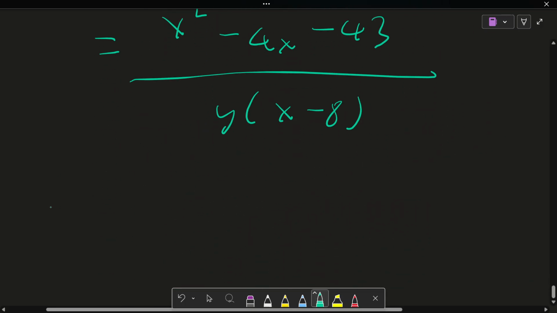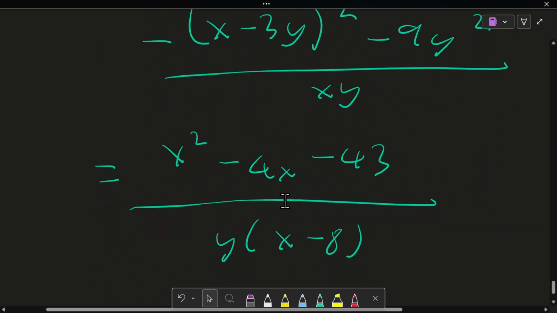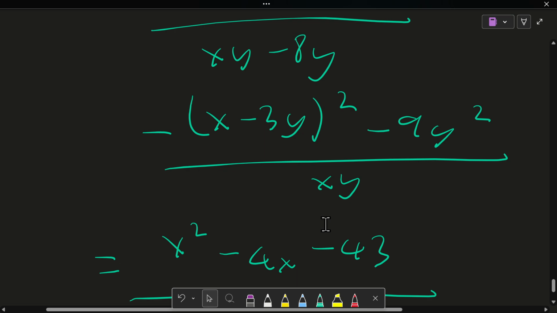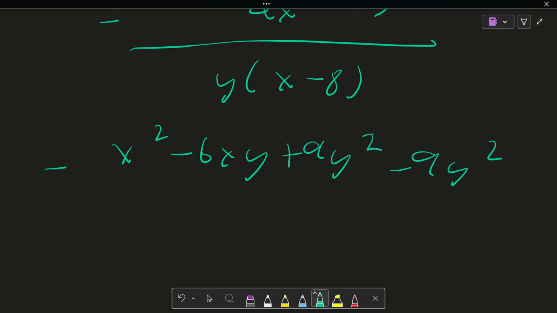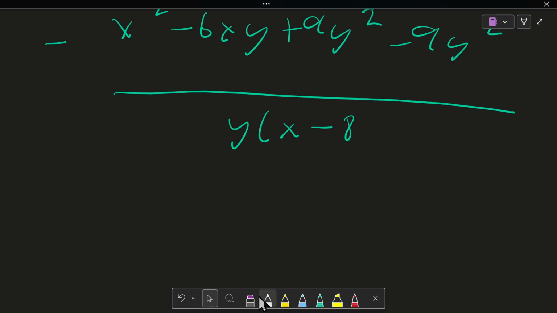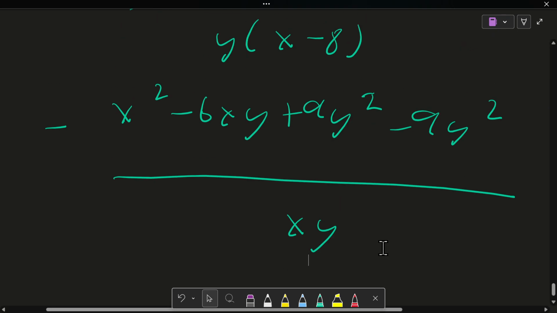So here you get x squared minus 6xy plus 9y squared minus 9y squared, and all this equals to xy.